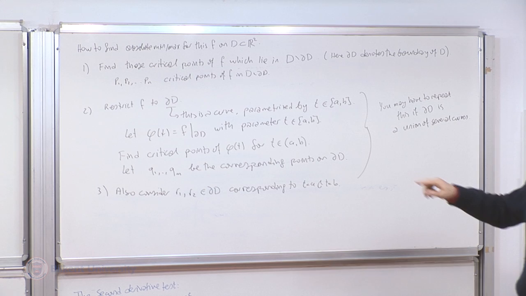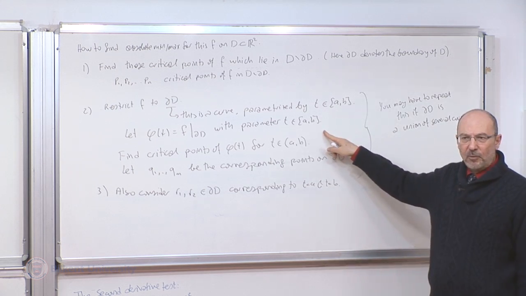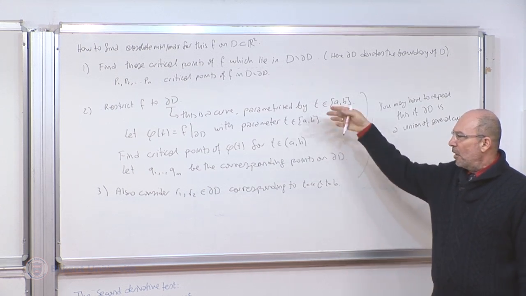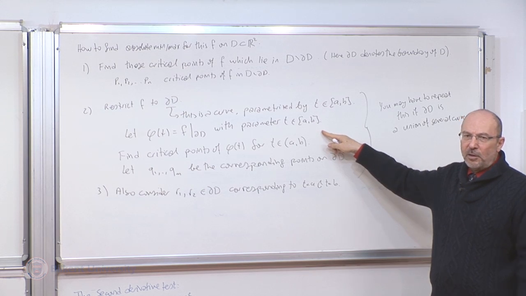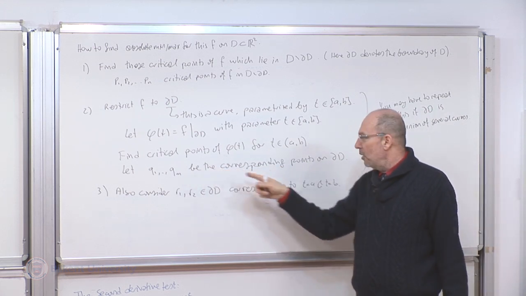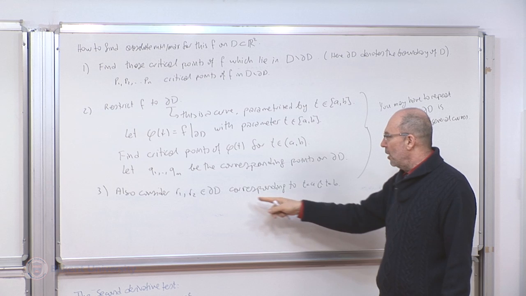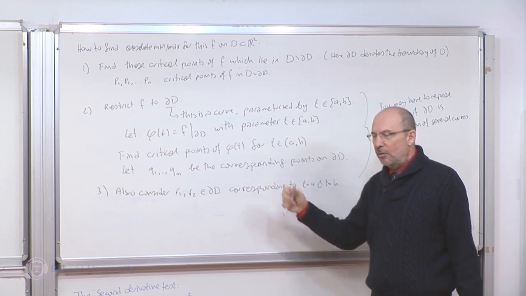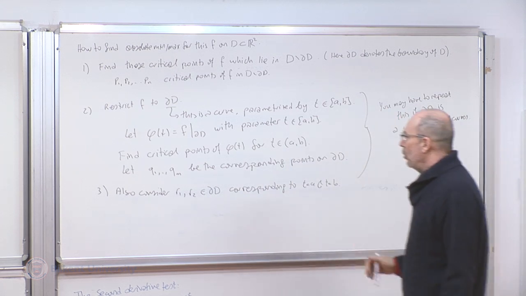On each straight line, you have such a setup. You parameterize the curve, in that case a straight line, you find the critical points, if any, inside the interval, and then you add the endpoints. Okay, so you have a list.